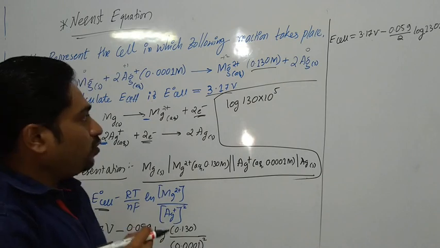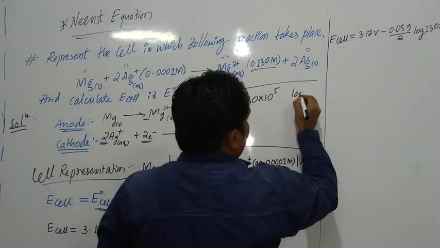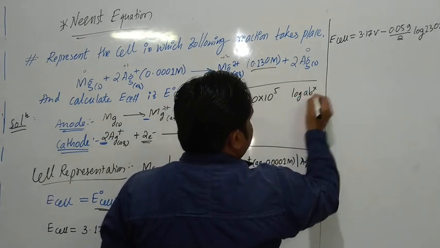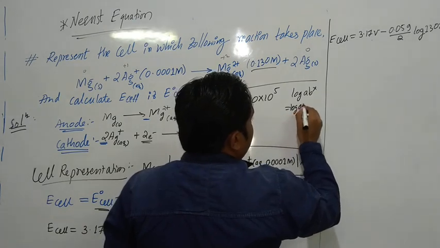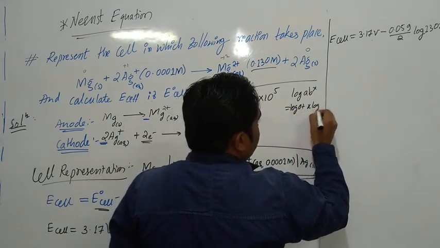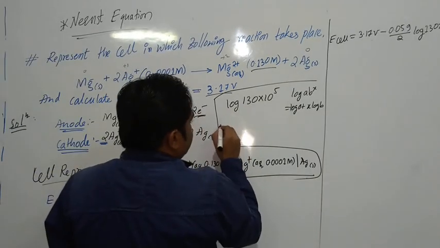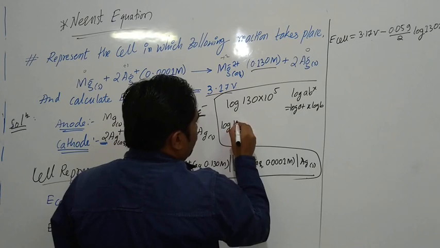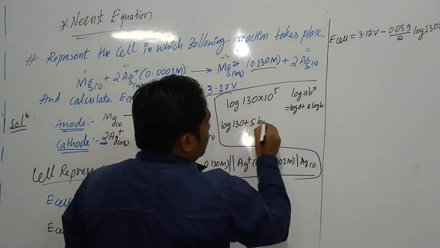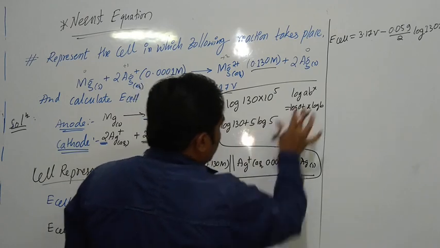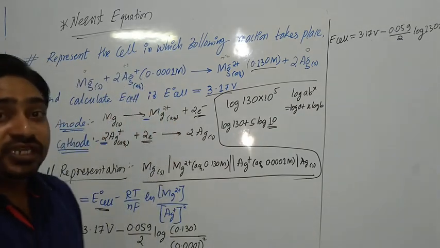This is of the form log of a into b raised to x, which can be written as log a plus x into log b. So like that we'll write log of 130 plus 5 into log of 10. We know that log of 10 is equal to 1.